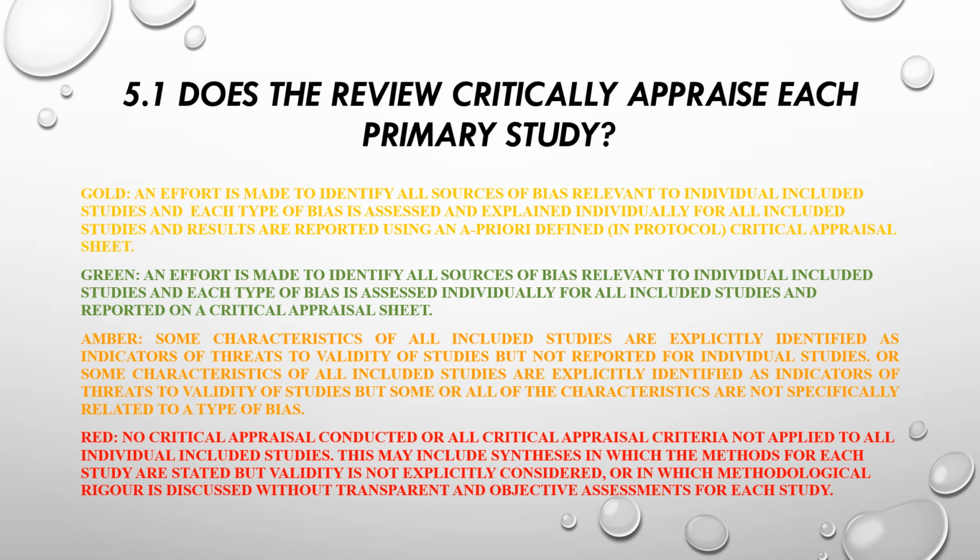This may include syntheses in which the methods for each study are stated but validity is not explicitly considered, or in which methodological rigor is discussed without transparent and objective assessments for each study. So essentially there are obviously some weaknesses in the way in which critical appraisal was undertaken.